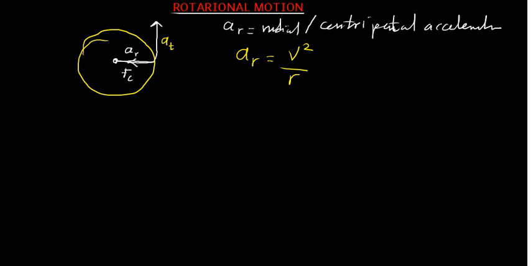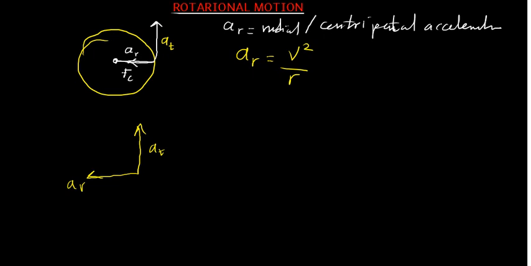So now, as we can see here, we have tangential acceleration and radial acceleration, which is also called centripetal acceleration. Let me draw this as a vector. We have tangential acceleration going like that, and centripetal acceleration going like that.